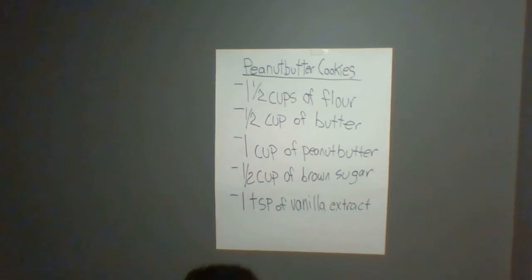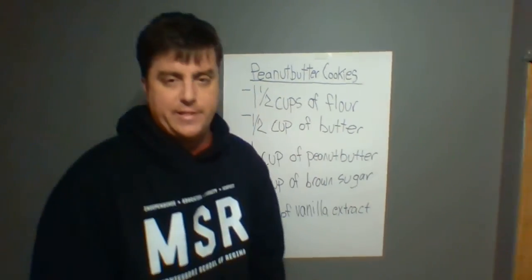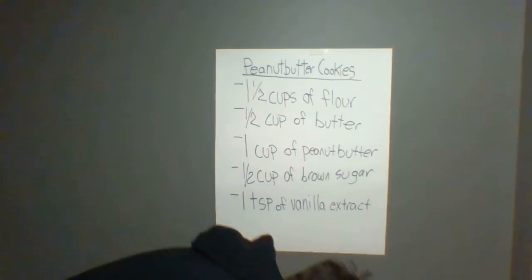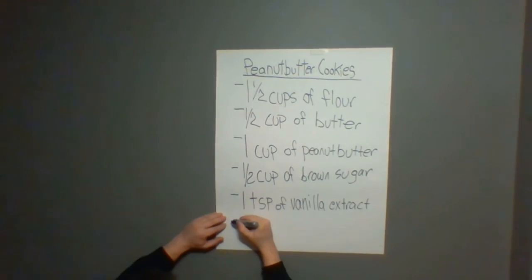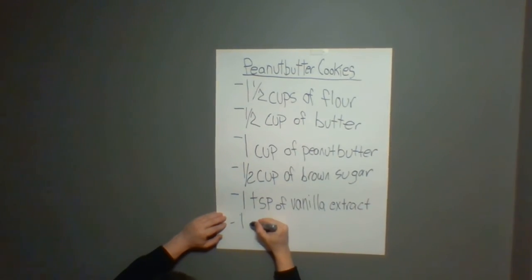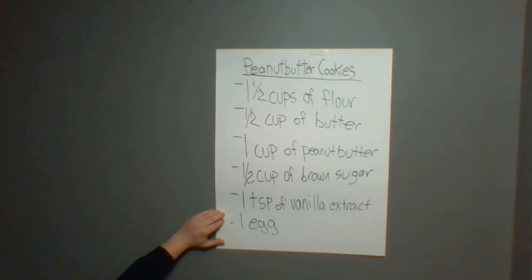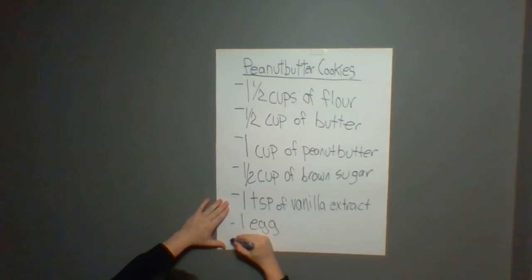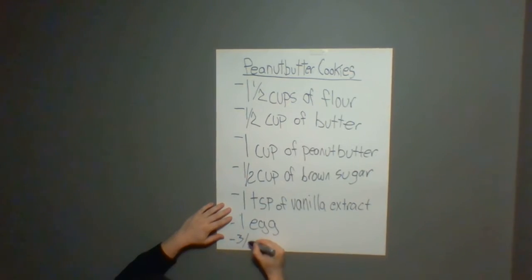And extract means it's not like a pure vanilla, it's just something that's similar to it. And then we have 1 egg. And 3/4 of a teaspoon of baking soda. So 3/4 is showing us 3/4 teaspoon, TSP, of baking soda.